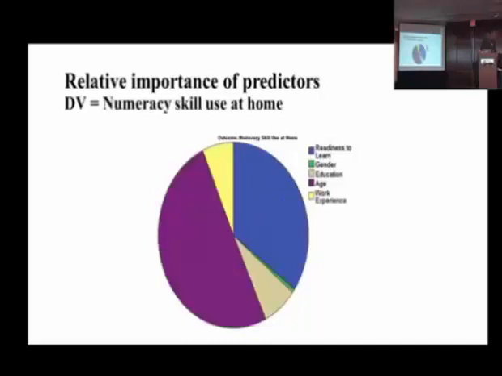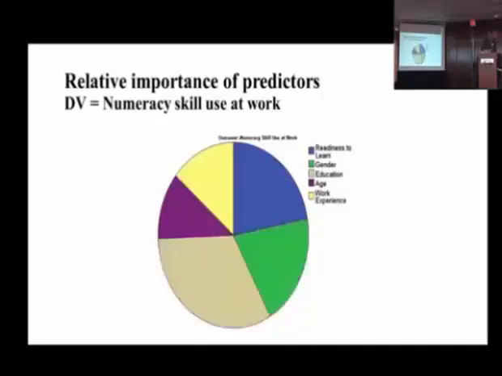And then for numeracy skill use at home, readiness to learn, not quite as important as age here, but still fairly important. And then at work, the effect of readiness to learn lessens, and it becomes fairly equal amongst the different predictors.